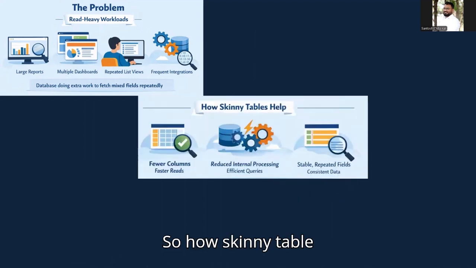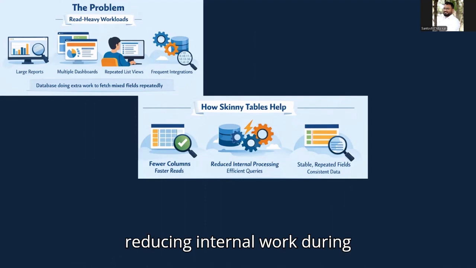So, how can skinny table help here? Skinny table can help by reducing the number of columns stored and read. Less data per row equals faster reads. It reduces internal work during repeated queries.